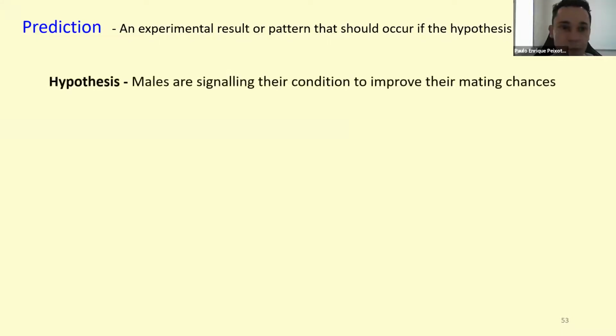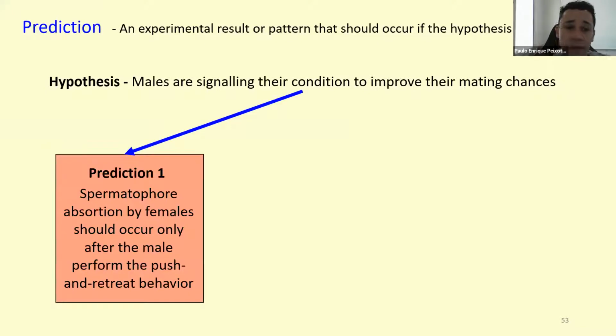So, for example, using the same hypothesis, males are signaling their condition to improve their mating chances, I may create this prediction about spermatophore absorption. Just to explain, in that video from yesterday, in the final part, the female walked through a small liquid that was released by the male.